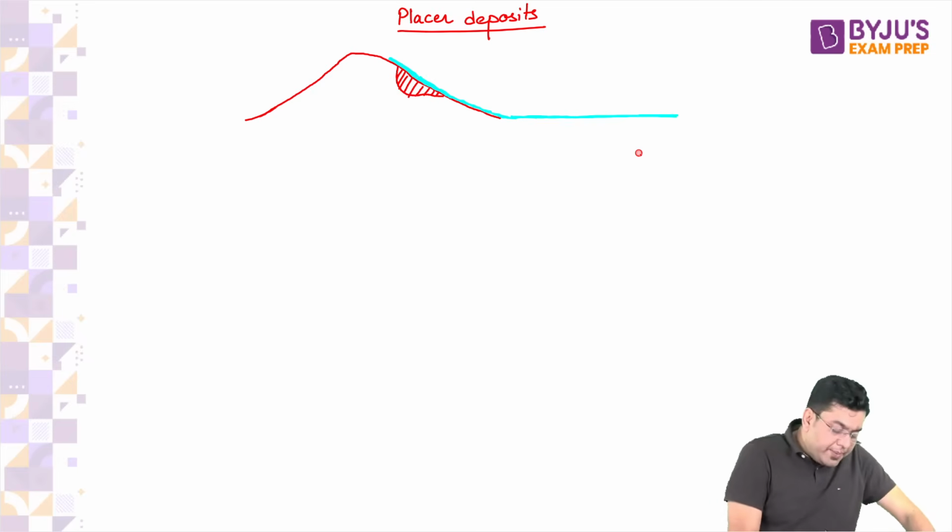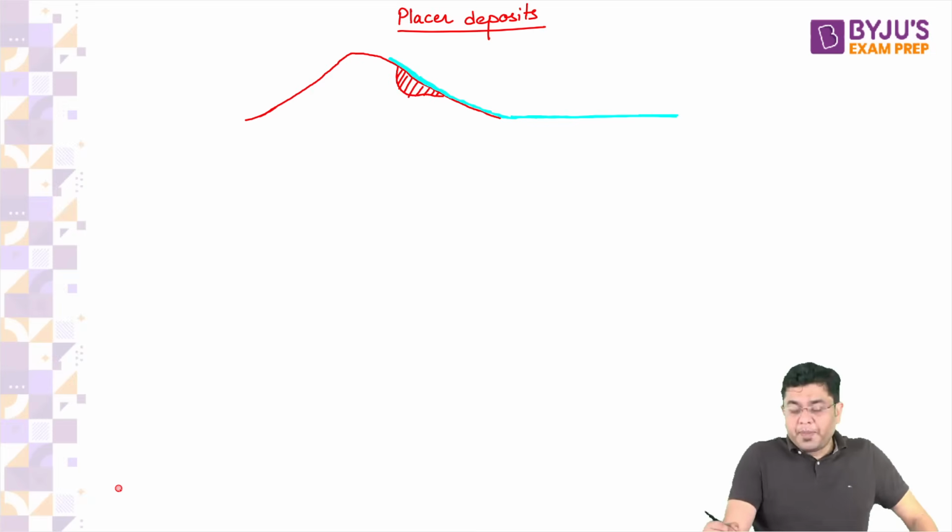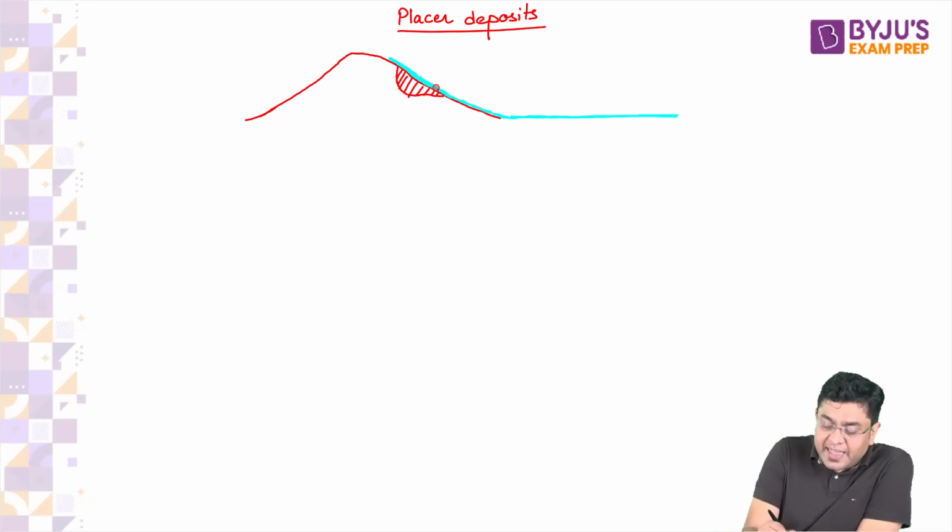But eventually, when the river loses that speed, these gold particles which the river has carried all along will be deposited somewhere here.